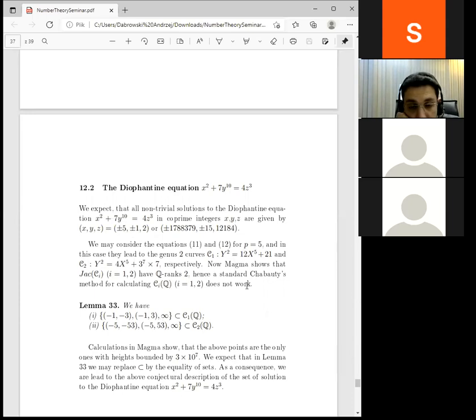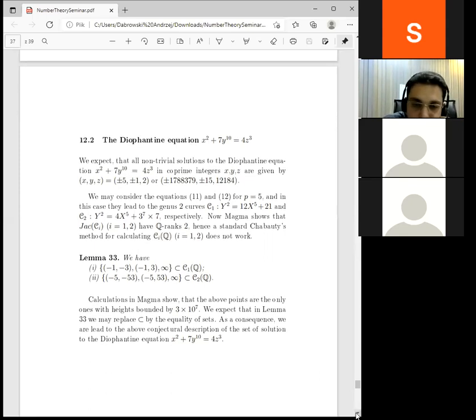But in this case the Jacobians of these 2 curves have rank 2, and the standard Chabauty method doesn't work. And today we may try to use another variant of Chabauty or a combination. I don't know.